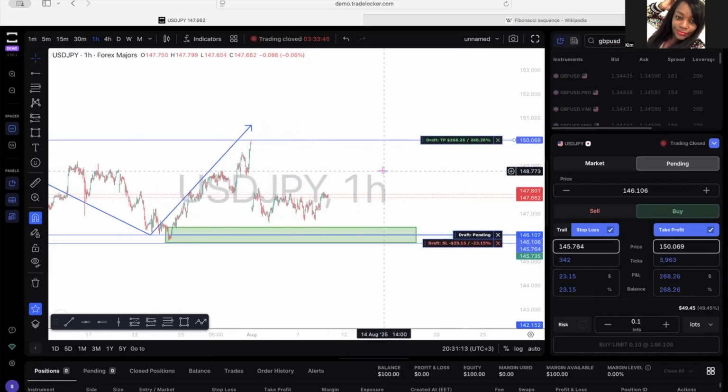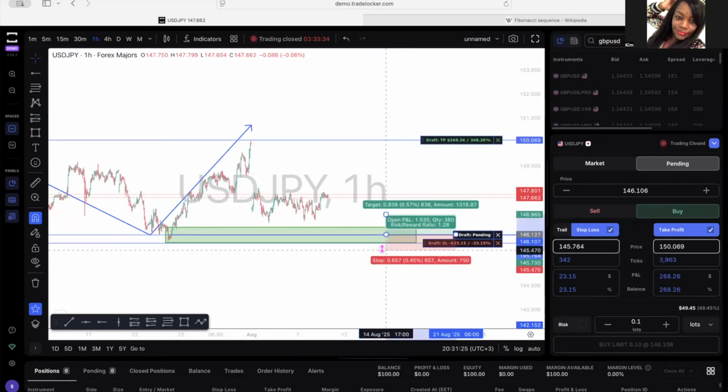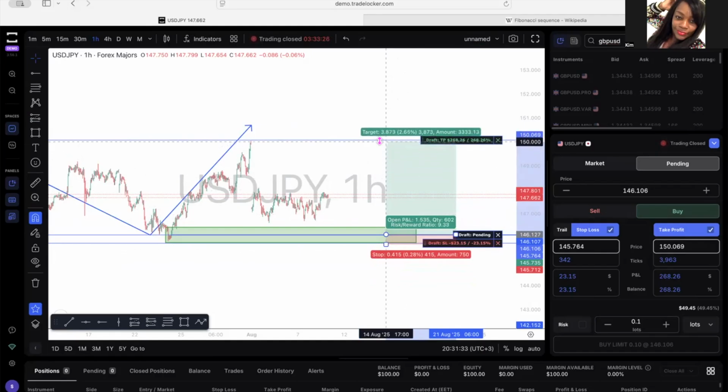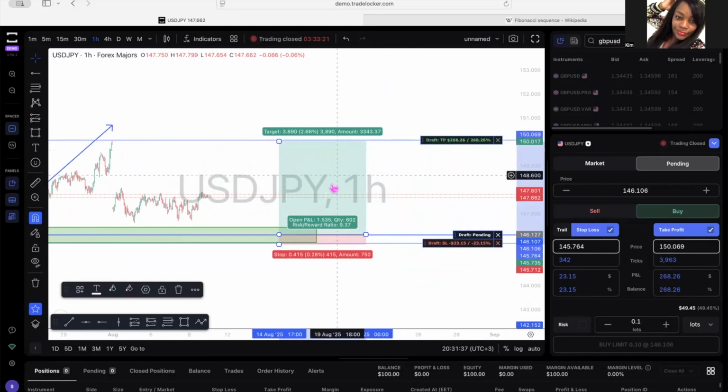Like I said, I can't save it because the market is not open, but I'm just going to do this. I am going to use my long position and show you the purpose of the long position. If you put your stop here and you put your take profit here, this long position is showing you that this is a 9% risk to reward trade.